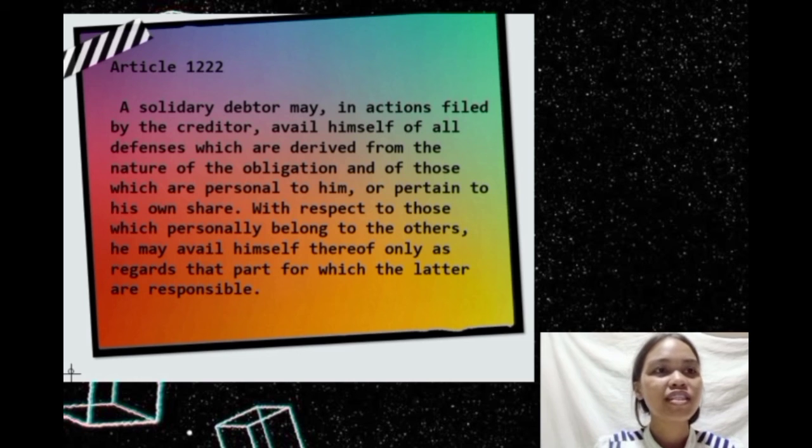Number one, defenses derived from the nature of obligations. So, for example, Judd and Princess are solidarily liable to Kate in the amount of 4,000 pesos.